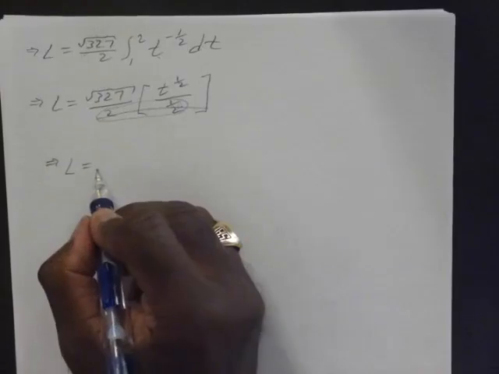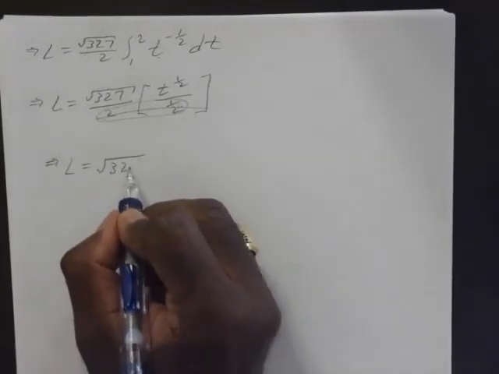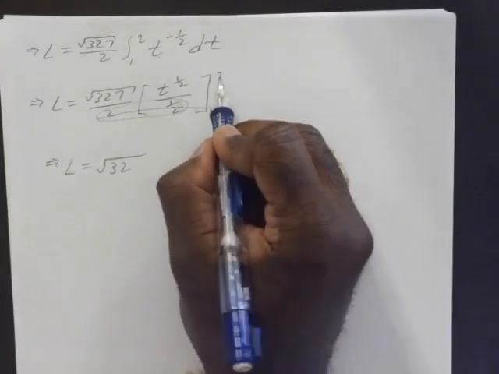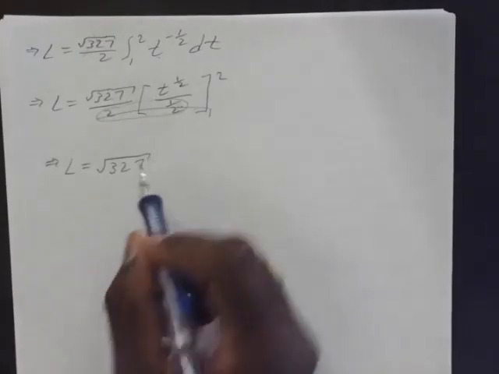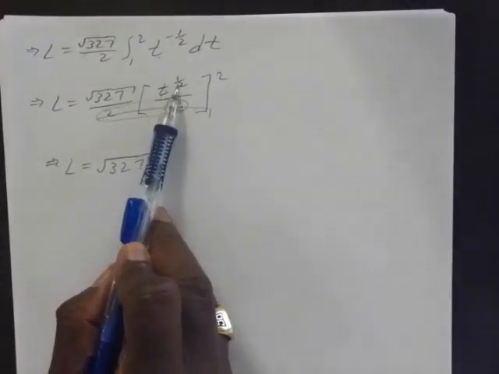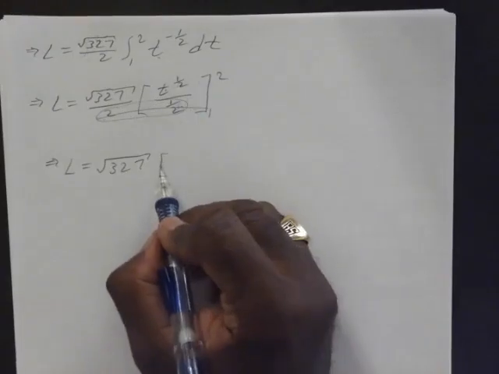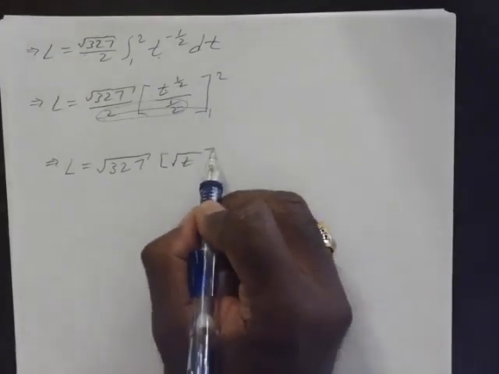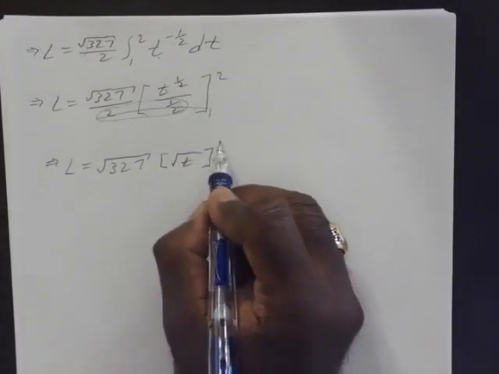So our length is equal to the square root of 327, from 1 to 2, times t to the 1/2 power. I'll just go ahead and write that as square root of t, from t equals 1 to 2.